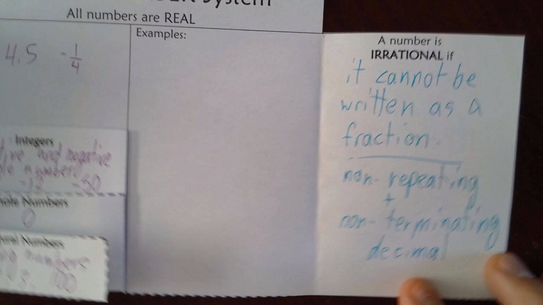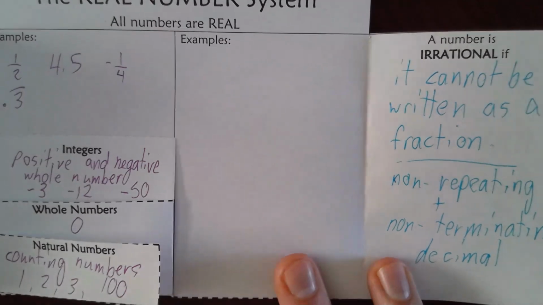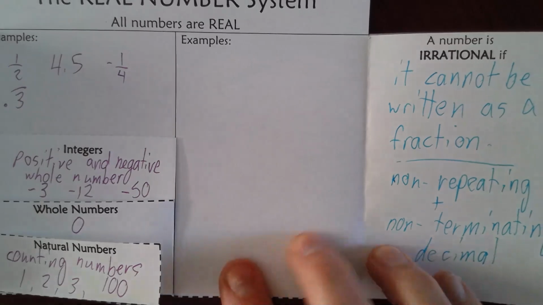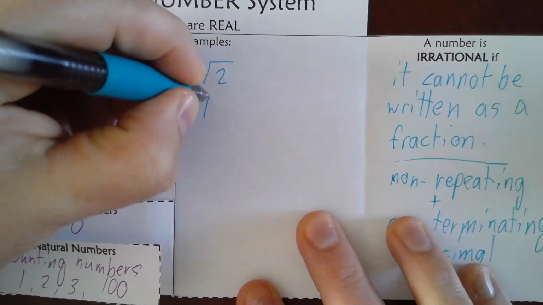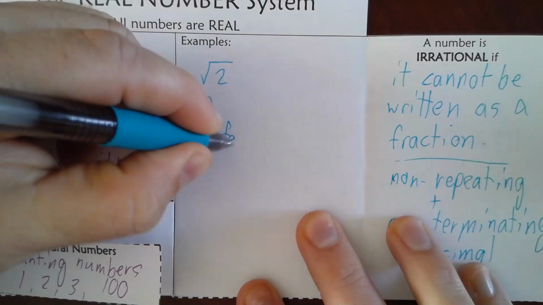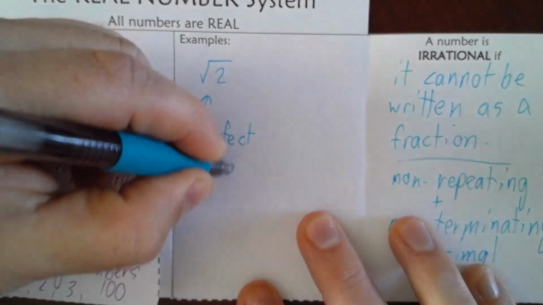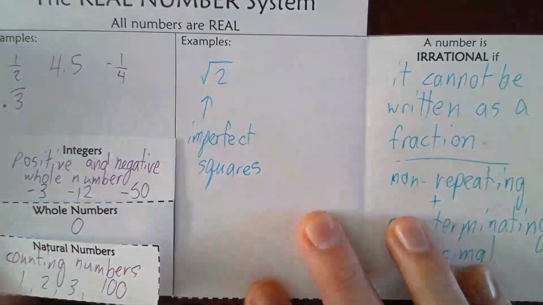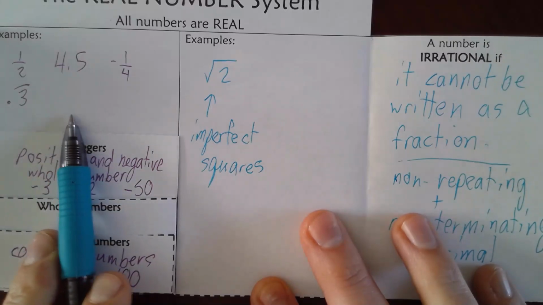There are infinitely many numbers that are irrational, but there's some specific categories that they fall into. First category, imperfect squares. We didn't put a perfect square over here, right? The square root of 36 is 6.